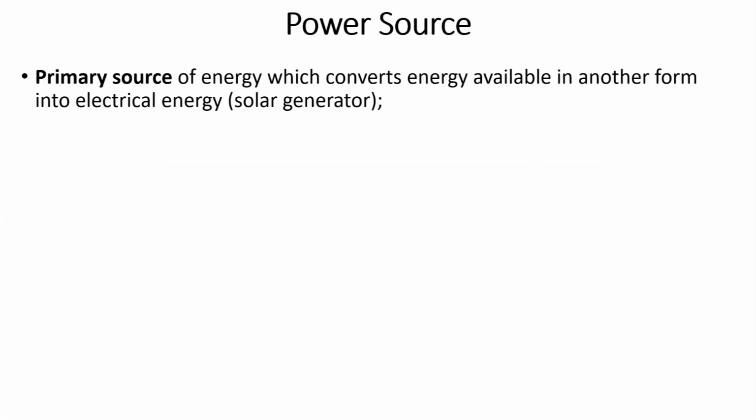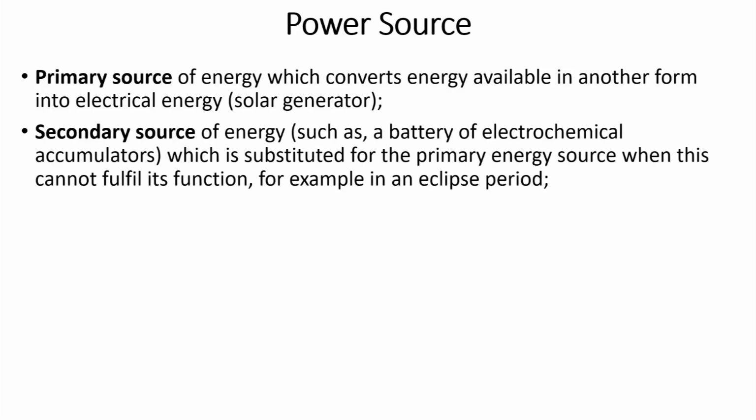So, let us discuss the types of the primary source. The primary source is the energy source which converts energy available in another form. In our case it is solar: solar radiation in the visible range is converted to electrical energy. And the secondary source is the source of energy, such as the battery, the electrochemical accumulators, which is substituted for the primary energy source when it cannot fulfill its function.